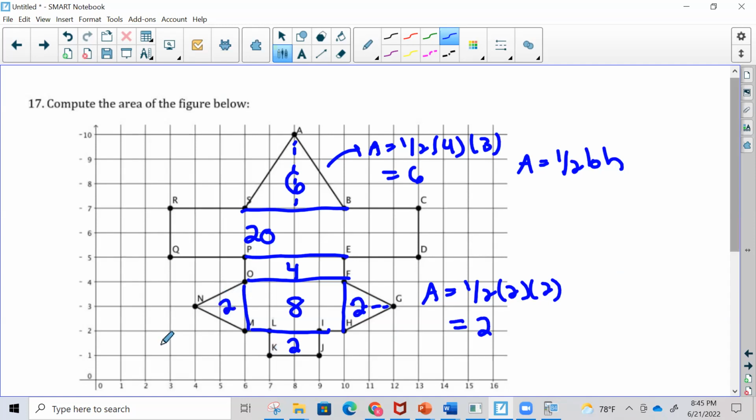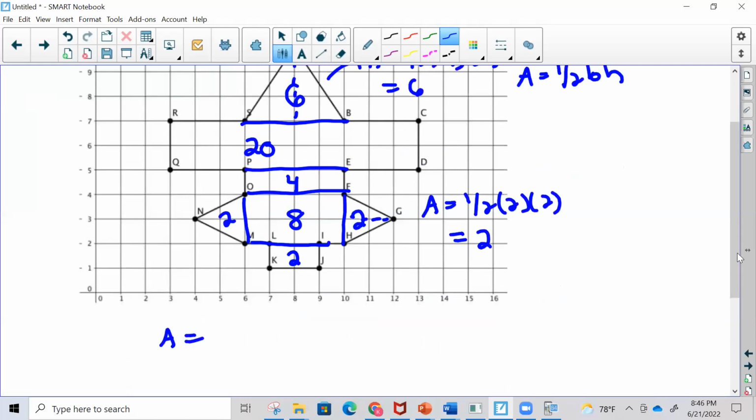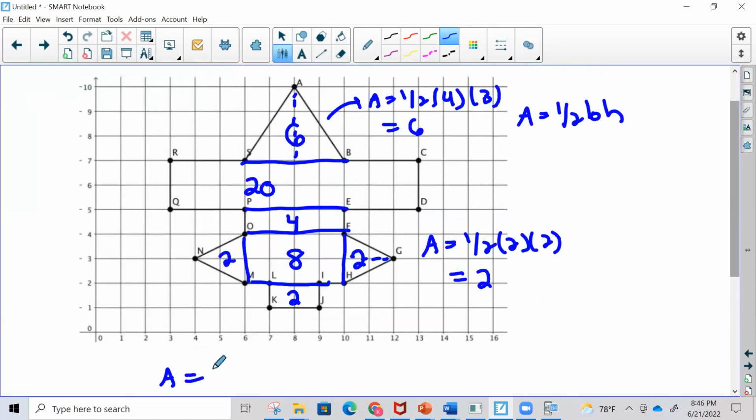And then you can just add them all together. So we get 6 plus 20 plus 4 plus 2, 8, 2, and 2. Okay, and again, just always double check, make sure you get all of the regions. So I calculate that I get 44.